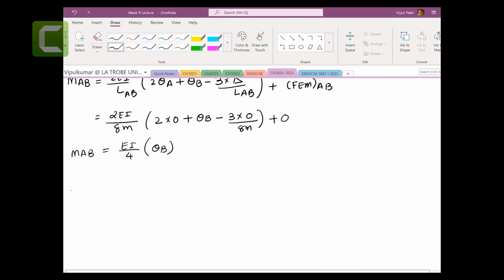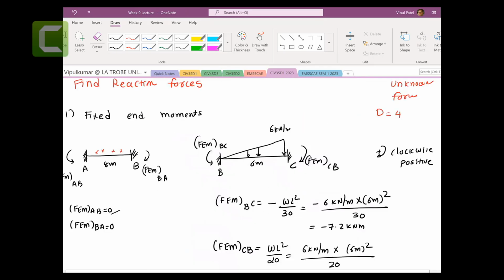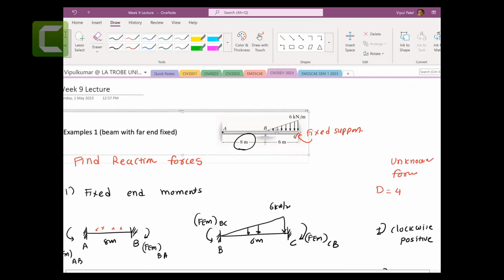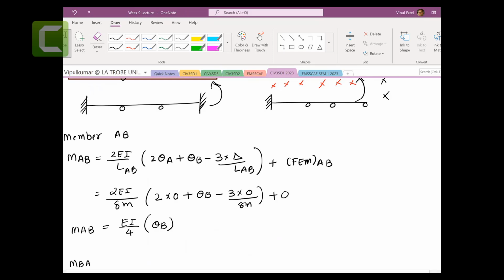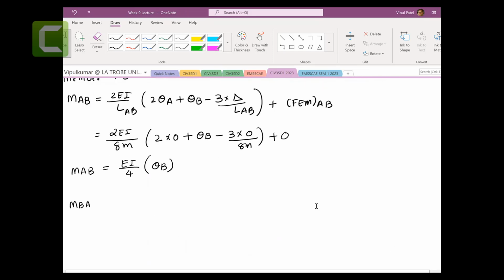Similarly, we can do the other side, MBA, because you can see from the figures that we have two figures. Let me put this one here that we calculated.